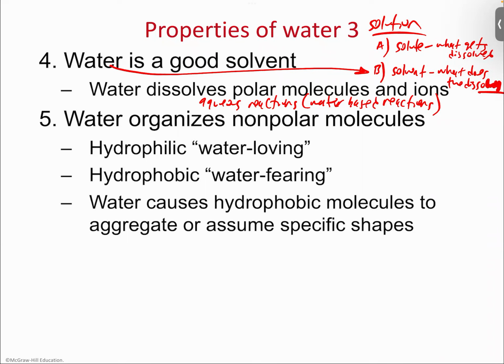This is one of the reasons why having liquid water, not just water, liquid water is important, because a solvent has to have the capacity to dissolve its solutes, and gaseous water cannot. Think about it. If you want to prove that to yourself, take steam and try to dissolve salt in it. Is that going to be successful? No, because steam does not have enough cohesion to it in order to be able to dissolve the salt.